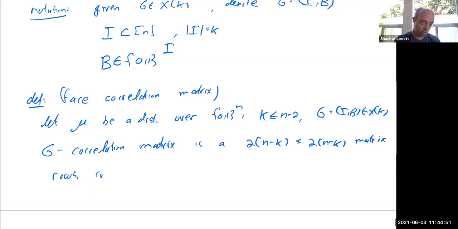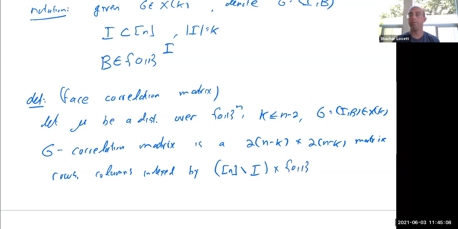Its rows and columns are indexed by [n] minus I, times {0,1}, all the possible colors for the remaining elements.